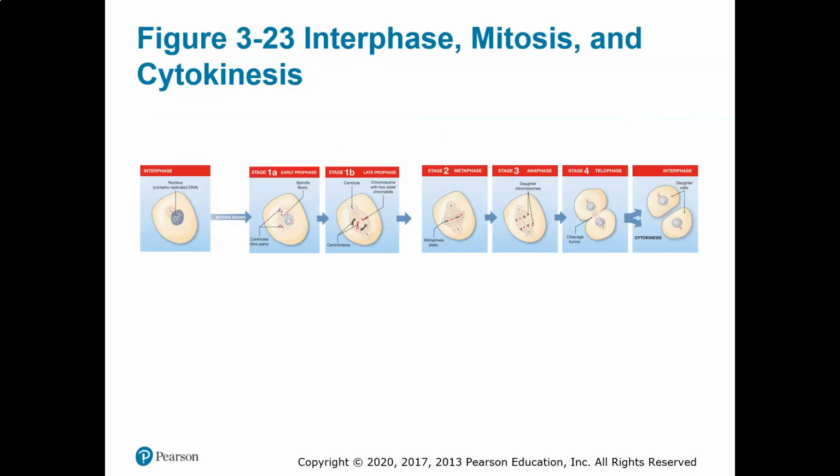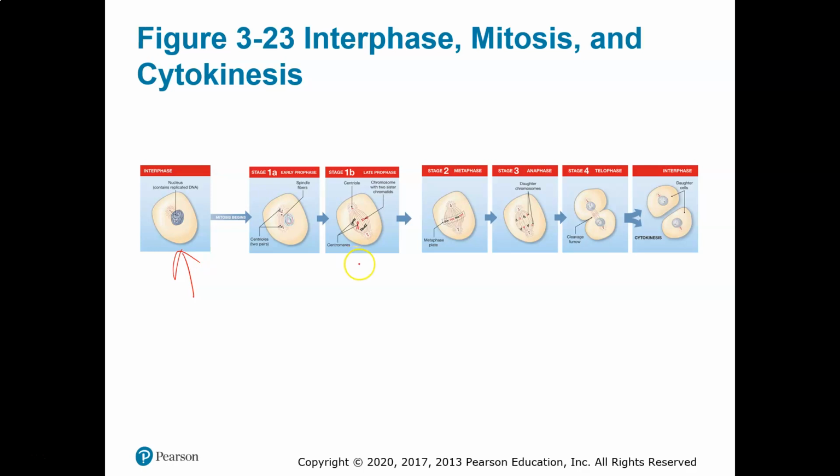And this shows you the stages, very small, of cells in interphase, prophase, metaphase, anaphase, and telophase. So in interphase, the DNA is in a form called chromatin. You can't see the individual chromosomes.